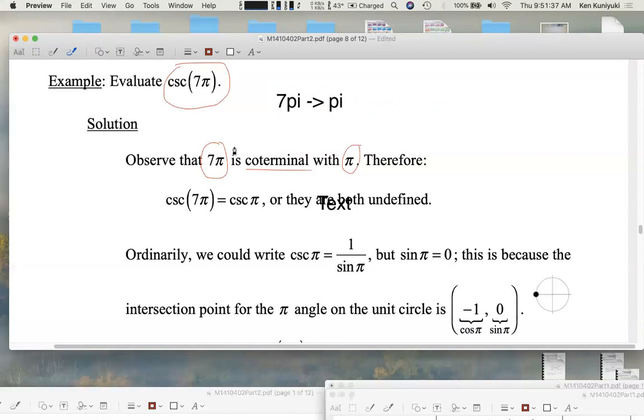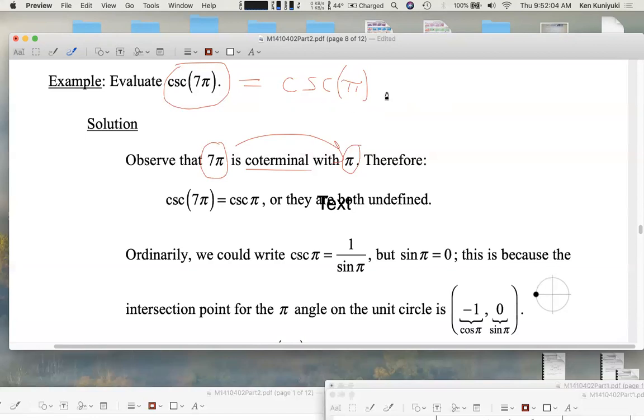All right, 7 pi is coterminal with pi, which means that cosecant of 7 pi will be equal to cosecant of pi, or maybe they're both undefined, in which case equals would technically not be appropriate. So what's the deal? Cosecant of pi, well, I know sine better.